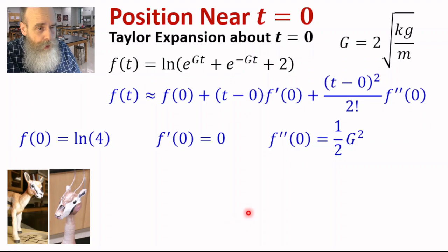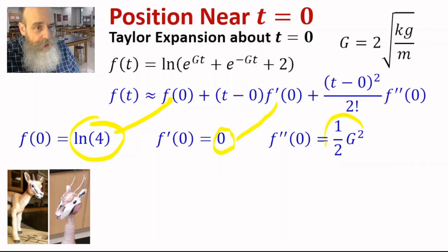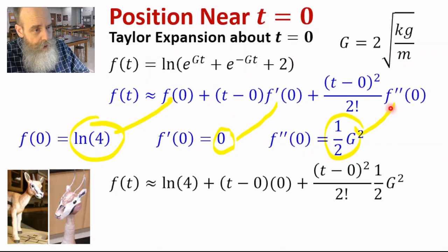So f double prime of 0 is 1/2 g squared. Now let's put these things into our expression. So ln 4 is f of 0, 0 is f prime at 0, and half g squared is f double prime at 0. Make those changes, and this is what we get: ln 4 plus t minus 0 times 0 plus t minus 0 squared over 2 factorial times 1 half g squared.